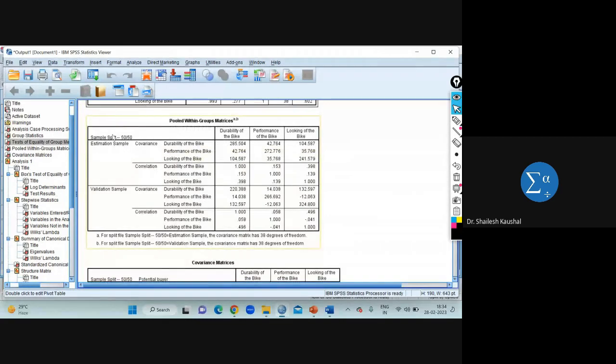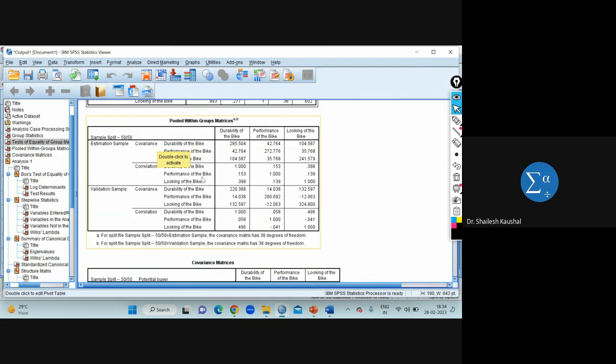Now you can check the correlation among the three independent variables: durability, performance, and looking. The correlation is the standardized form of covariance. The correlation value will always vary from -1 to +1, but the covariance value may be infinite. So I am interpreting this table through the correlation matrix.